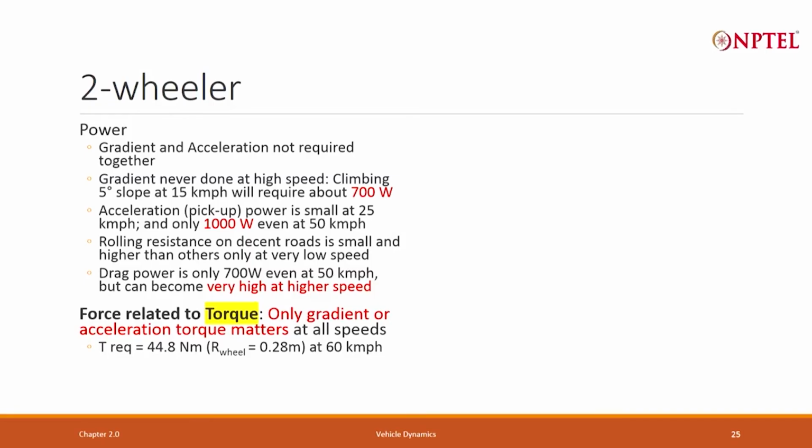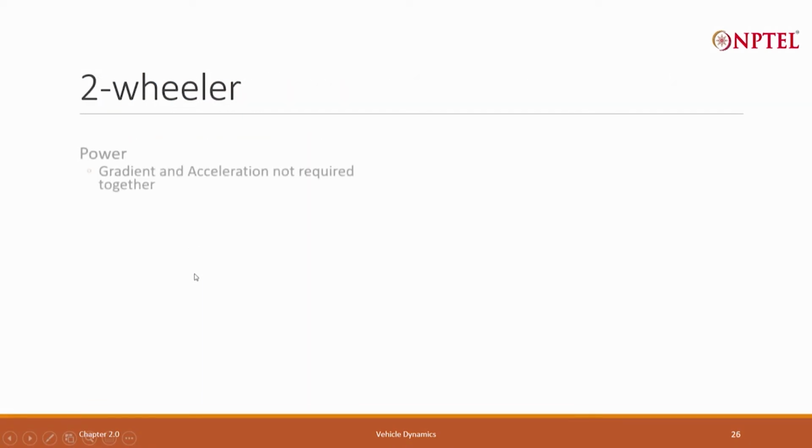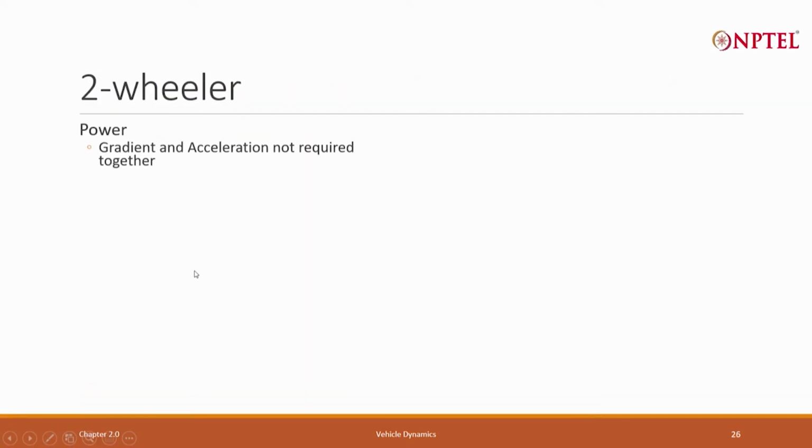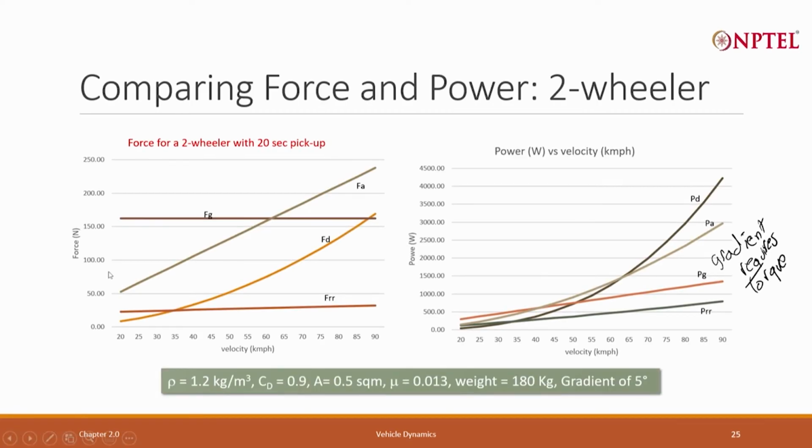Now, force is related to torque. I have to suddenly come to this curve when I talk about torque. So, if I look at the torques, the gradient torque, since the gradient force is very large, torque will be very large, and it is independent of speed, it is flat.